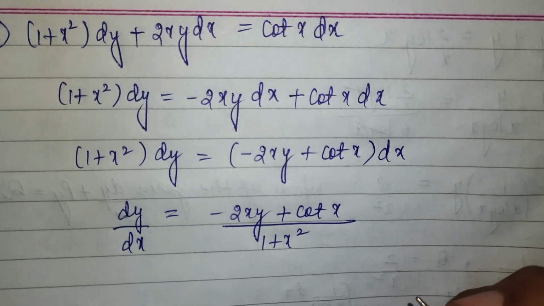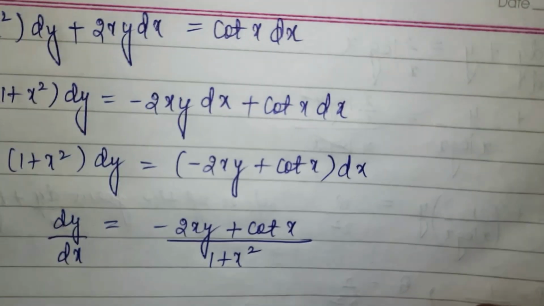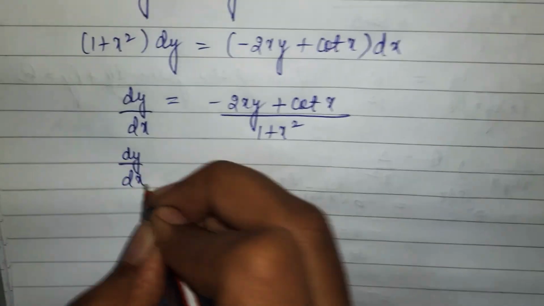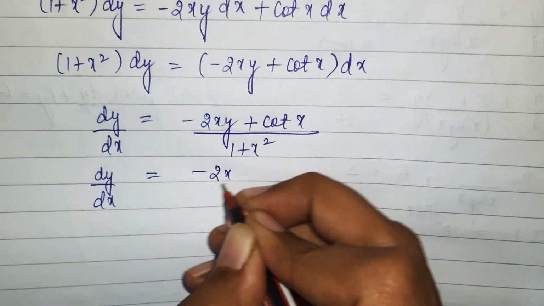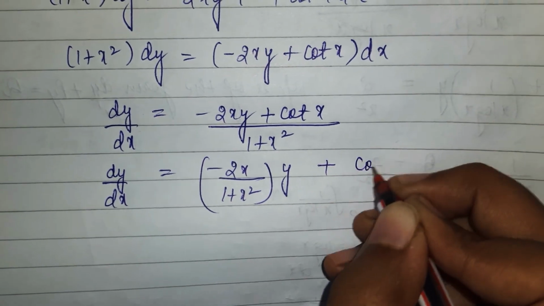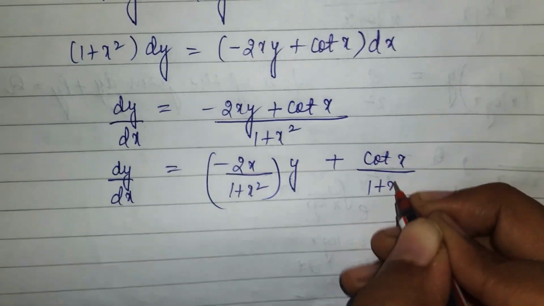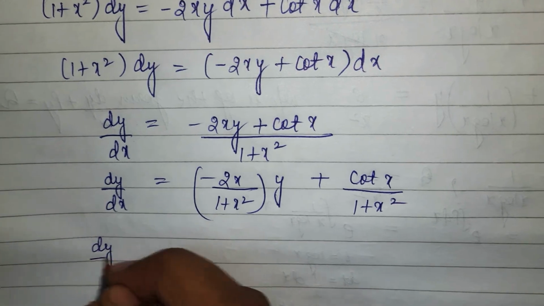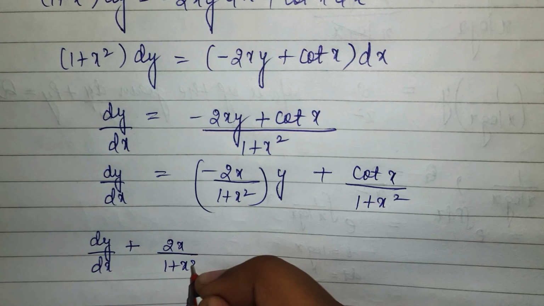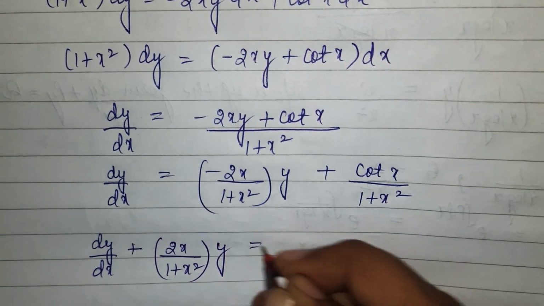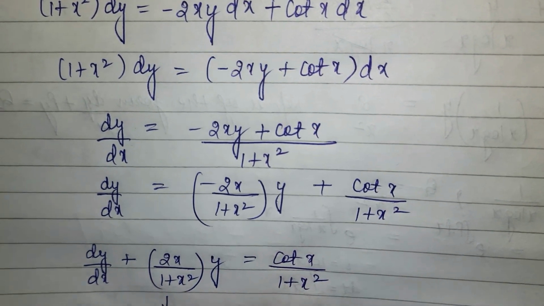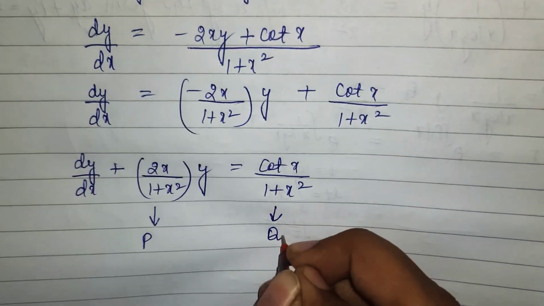If I am writing like this, dy by dx, and now what you need to do, minus 2x upon 1 plus x square y plus cot x upon 1 plus x square. So dy by dx plus py equals q. So this is your p and this is your q.